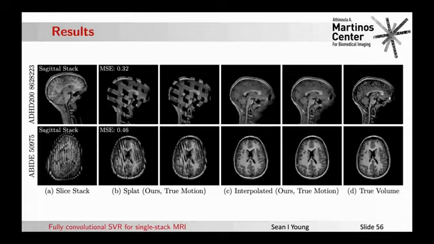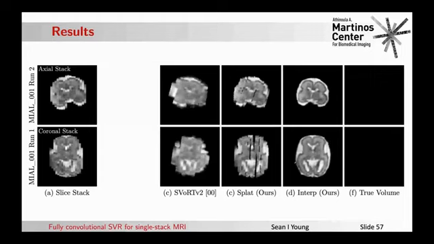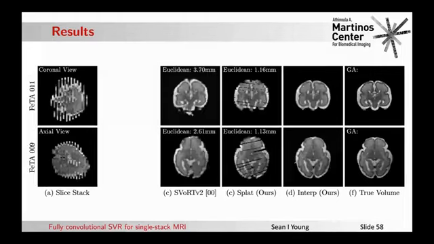So this is more like interpolation rather than inpainting. And whatever results we get after interpolation are pretty good approximations of the truth volume. And we did the same with fetal acquisitions. So I'll show you these two.